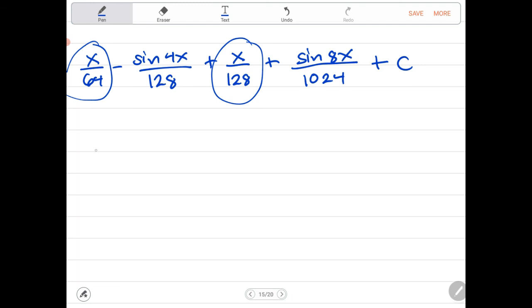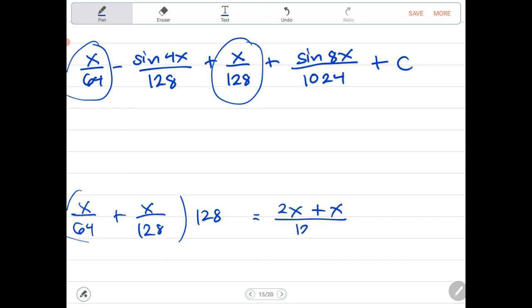So the LCD of it is 128. So as you can see, x over 64 plus x over 128. What is the LCD? LCD is 128. What are we going to do with the LCD? Divide by each denominator, then multiply by numerator. So this one will become 2x plus x over 128. So 128 divided by 64, 2 times x, 2x plus, so 128 divided by 128, 1 times x, x.